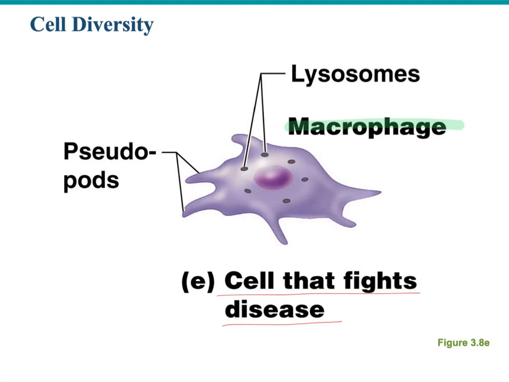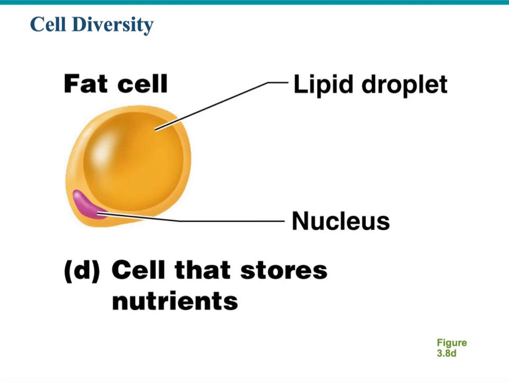White blood cells help fight disease. So red blood cells and white blood cells are both cells in connective tissue. Macrophage is a type of white blood cell. There's like 4 or 6 types of white blood cells. You also have connective tissue cells that store nutrients.